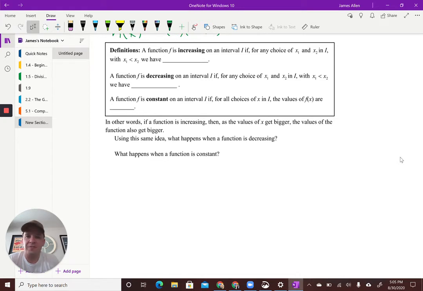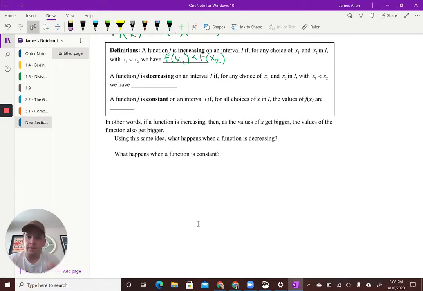Alrighty, the function f is increasing on an interval I if, for any choice of x sub 1 and x sub 2 in I, with x sub 1 being less than x sub 2, we have f of x sub 1 is going to be less than f of x sub 2. Meaning, as you move further and further to the right, as your x values are increasing, your y values, your function values, are also increasing.